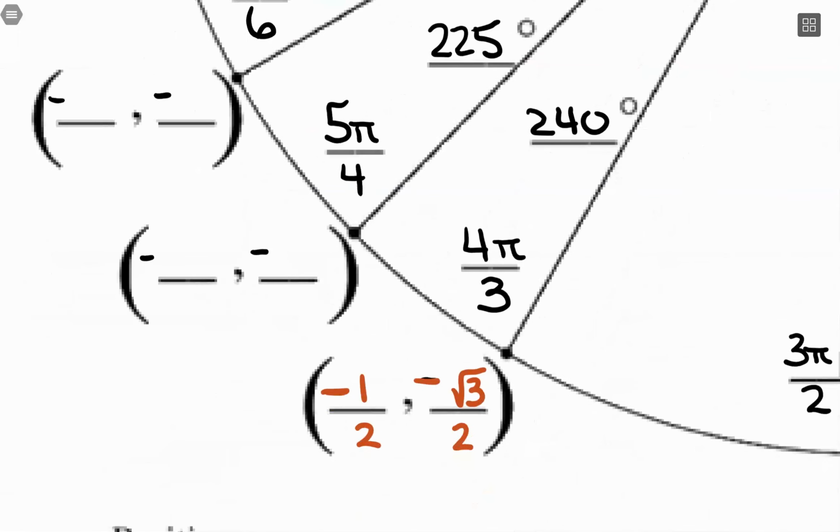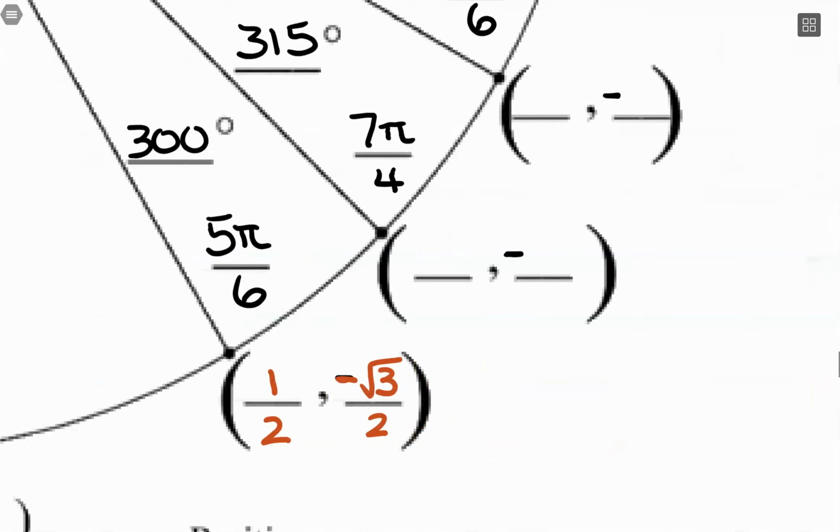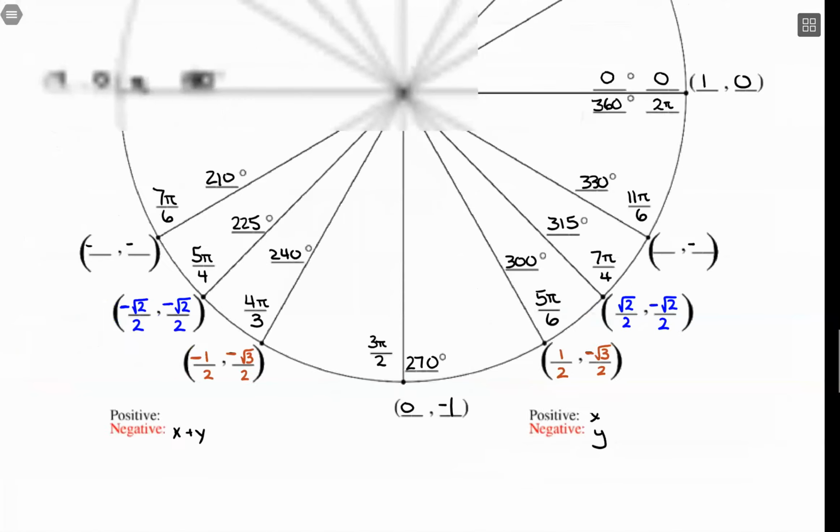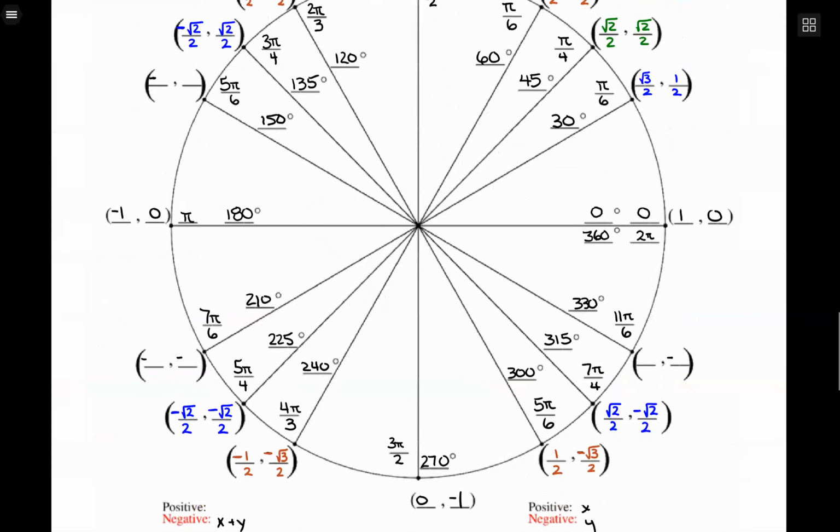Down here, both will be negative because we're in the 3rd quadrant. And over here, x will be positive, y will be negative. So see how that coordinate just moves around? We still have that 45, 45, 90 triangle at every single spot. It's just a matter of, is x positive or negative, and same for y.